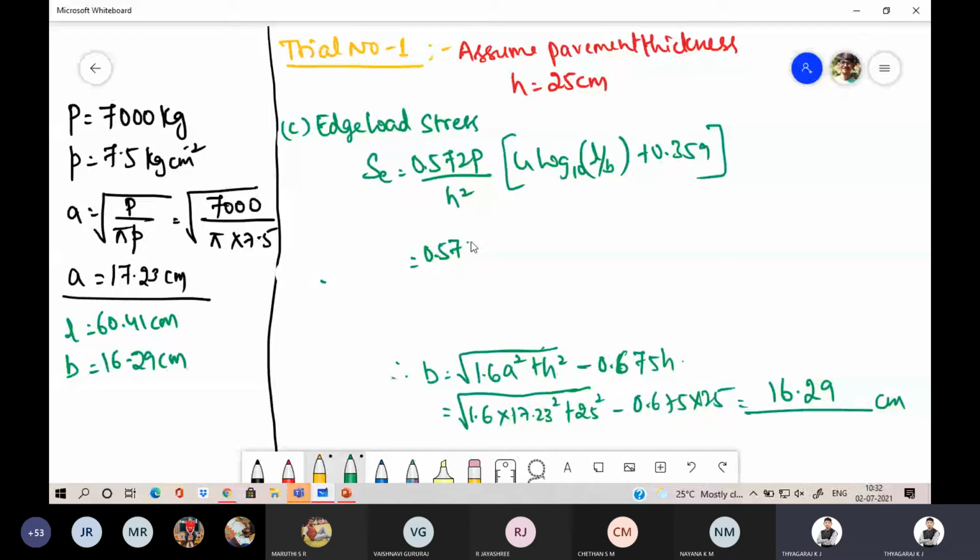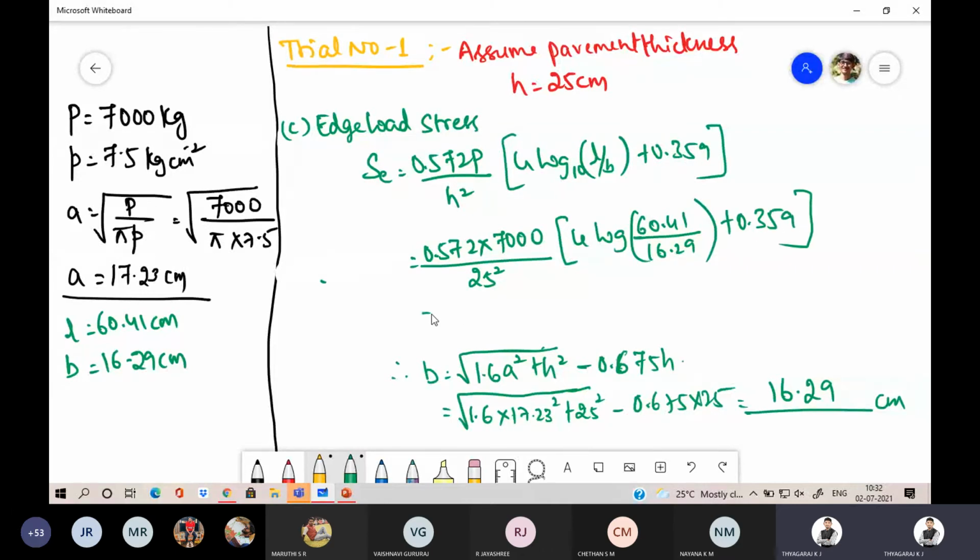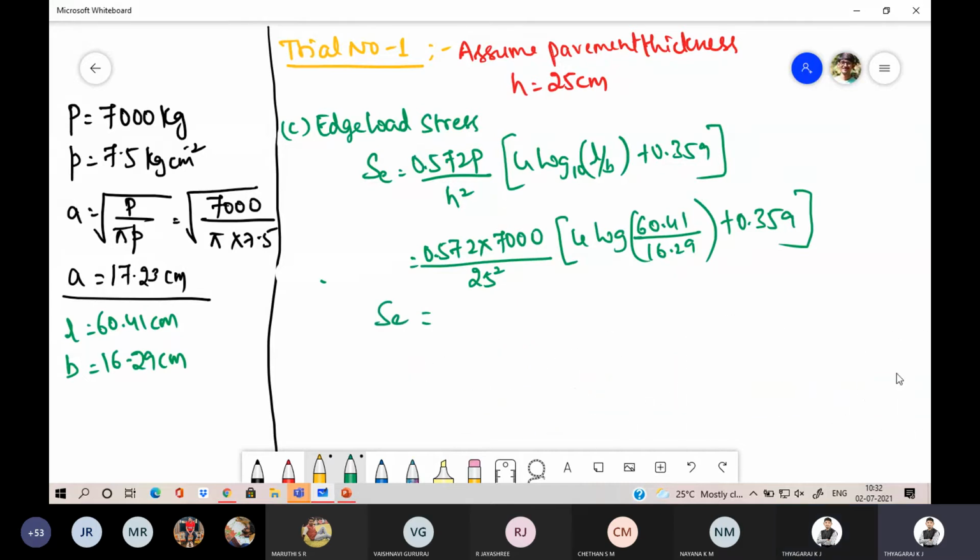So 0.572 into P, 7000, divided by h square, that is 25 square, into 4 log of L, 60.41, divided by b, 16.29, plus 0.359. Check how much you are going to get. Edge load stress is 16.88 kg per centimeter square.